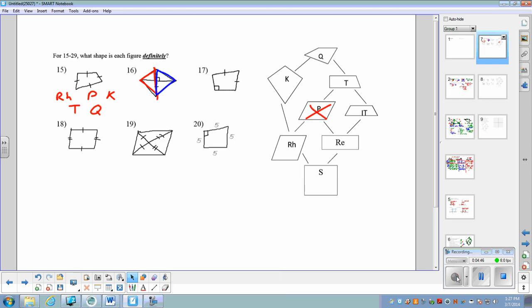Why? Because anything that is an altitude that is also a median means that it is part of an isosceles triangle. And since it's an isosceles triangle top and bottom, we know it's a kite, which means it's also a quad.